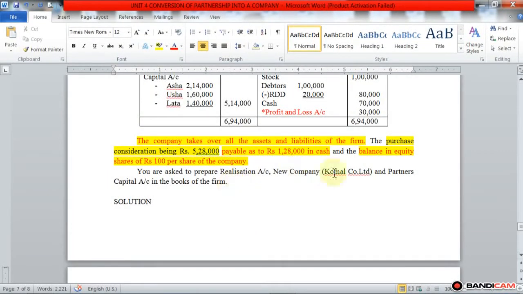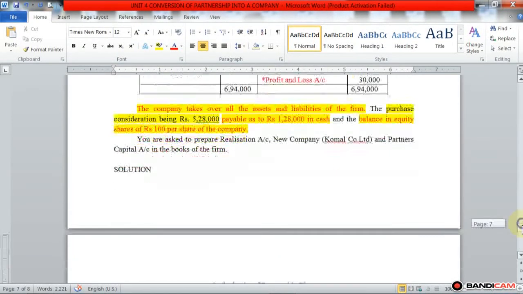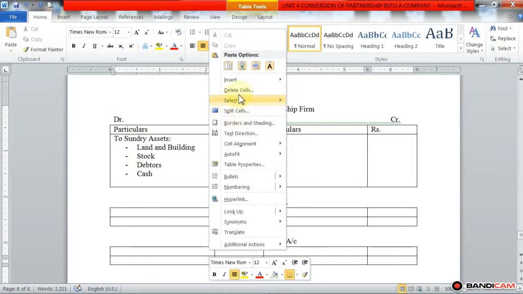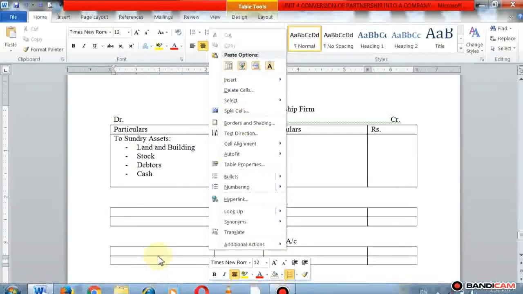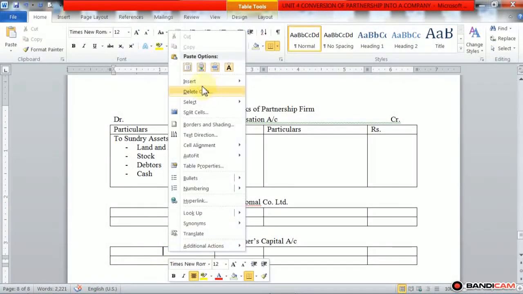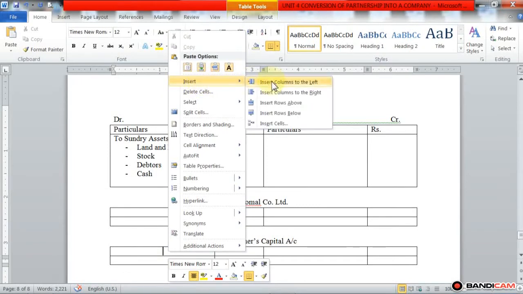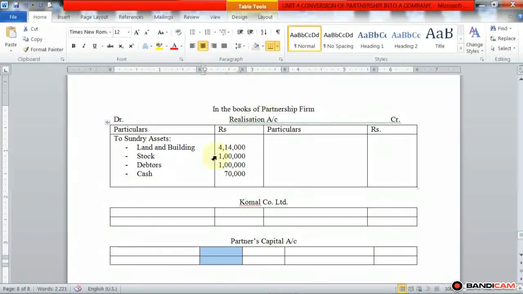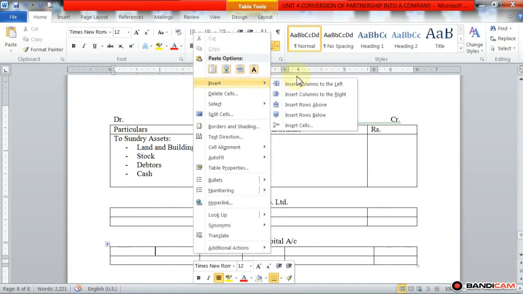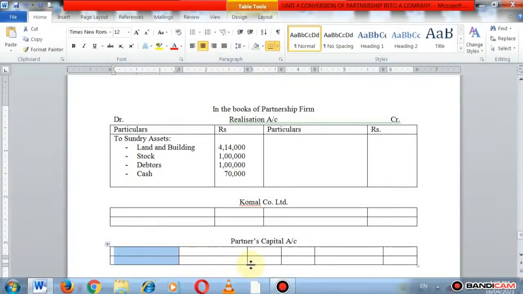Okay, now we distribute. So partners capital account, so partners are 3, so insert a 3 column. It means partners capital account has particulars Asha, Usha and Lata. So on debit side we prepare a 3 column, and on credit side we also prepare a 3 column.